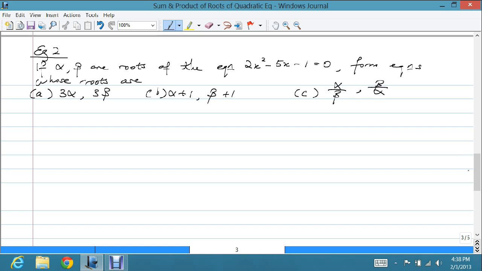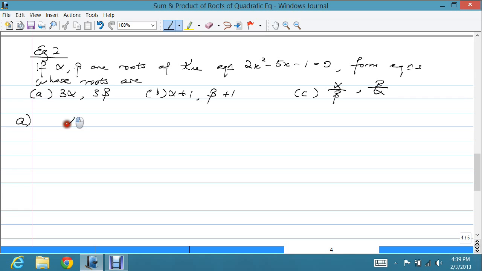If alpha and beta are roots of the equation 2x squared minus 5x minus 1 equals 0, form equations whose roots are, in A, 3 alpha and 3 beta, in B, alpha plus 1 and beta plus 1, and in C, alpha over beta and beta over alpha. Let's do each question separately. In A, as usual, I'm going to find out the sum and product of the roots of the original equation.